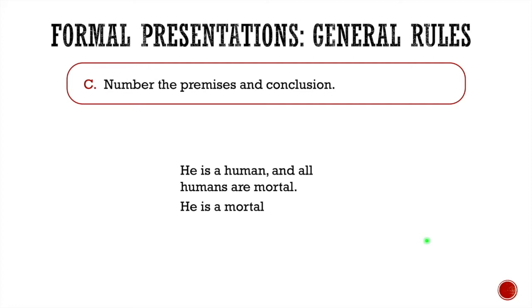There are a number of different ways you can number premises and conclusion, and it's especially useful to use different numbers when you're dealing with many different arguments. But here are some ways. You might use A and B to number these things. You could use a period after each letter.